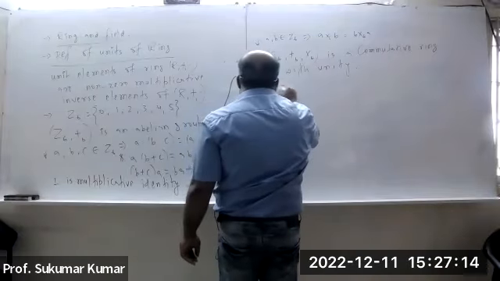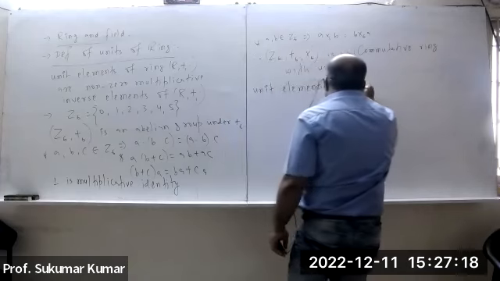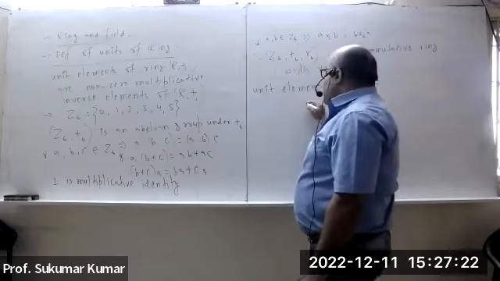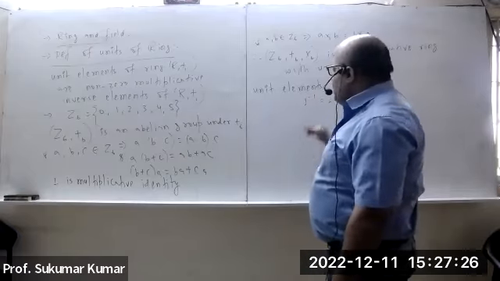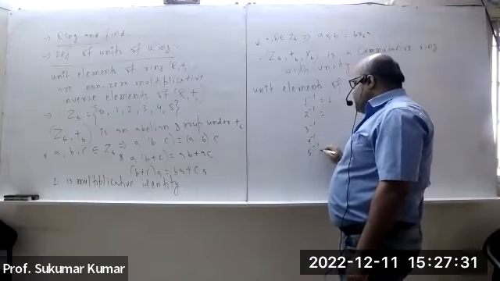Unit elements: if you find multiplicative inverses. First non-zero, so the inverse of 1 will be 1, no problem. 1 into 1 is 1. The inverses of 2, 3, 4, 5 we have to find.